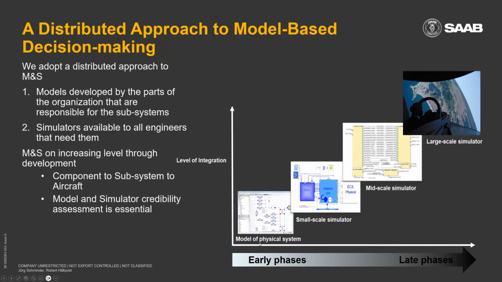And on the horizontal axis, we have some abstract representation of time. Here I wrote early phases and late phases. That does not mean that there are not even later phases, such as operation. Or rather, this is an undefined boundary, I should say. But if we are to work this way, then credibility assessment as an umbrella term becomes essential.